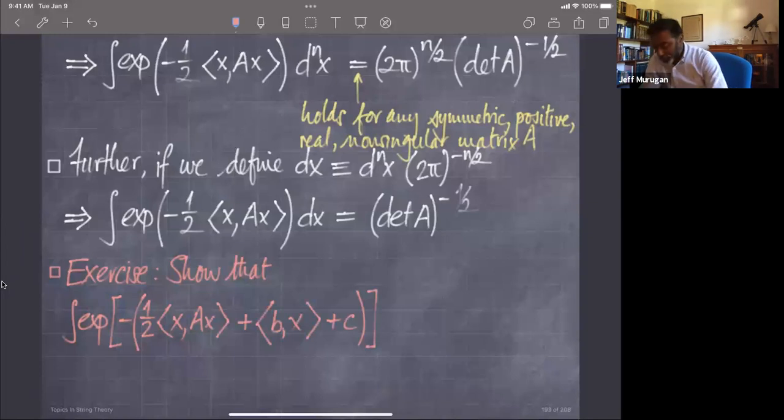That's the integral we want to do, with respect to x defined in this way.